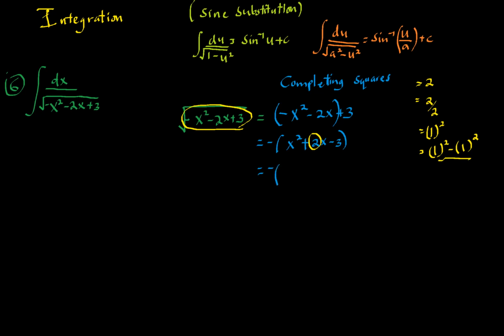So negative, x squared plus 2 times 2 out of 2, I should have written 1, but okay, 2 out of 2, x plus 2 out of 2 squared minus 2 out of 2 squared, don't forget, minus 3.